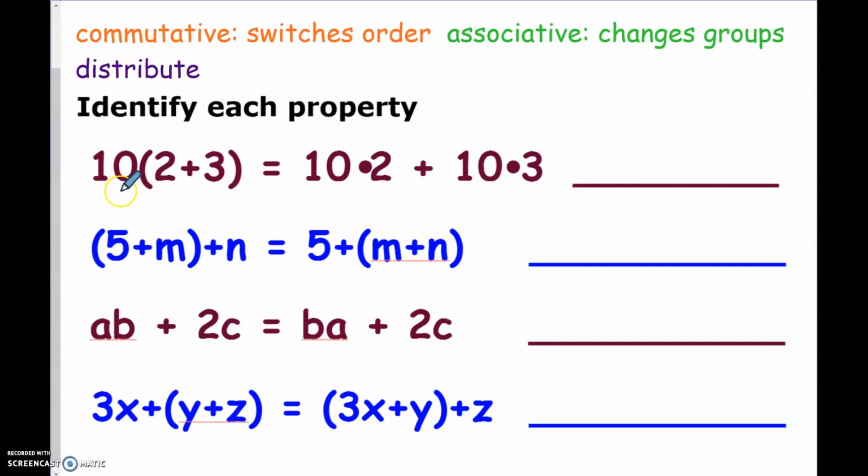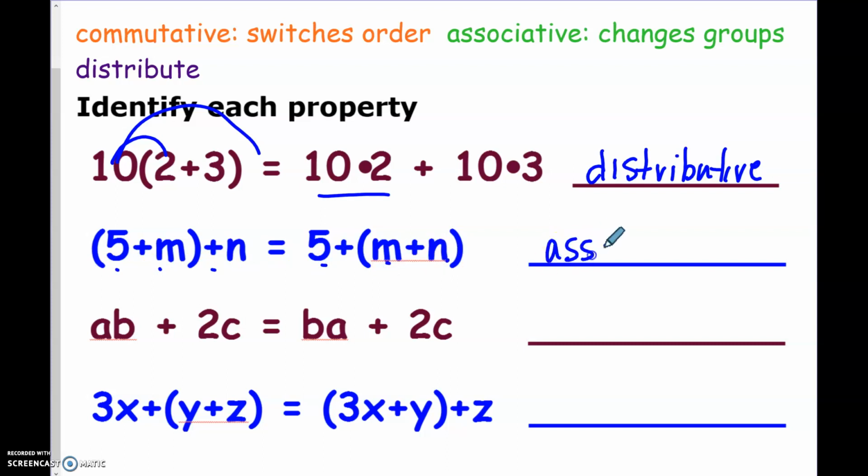All right, 10 and then 2 plus 3. So now we have 10 times 2. We multiplied these together, and then we multiplied these together. This is your distributive property. 5mn, 5mn. The order stayed the same, so this is the associative because we grouped them differently.